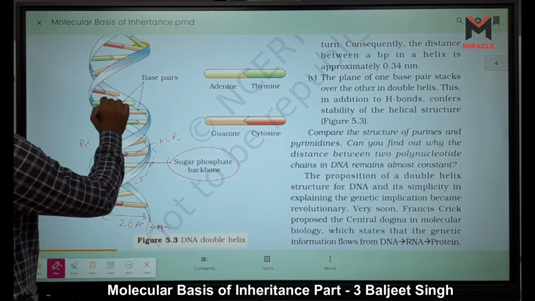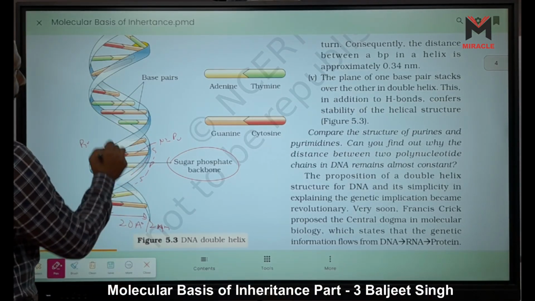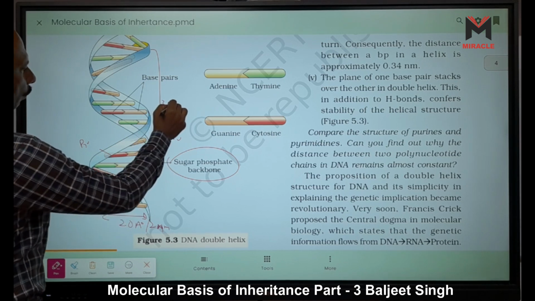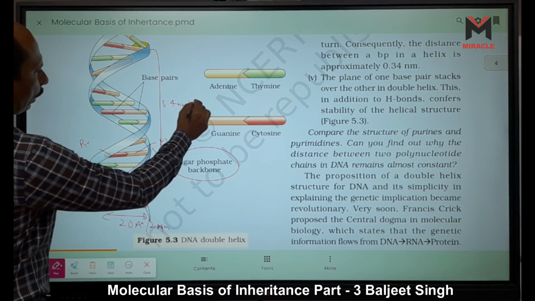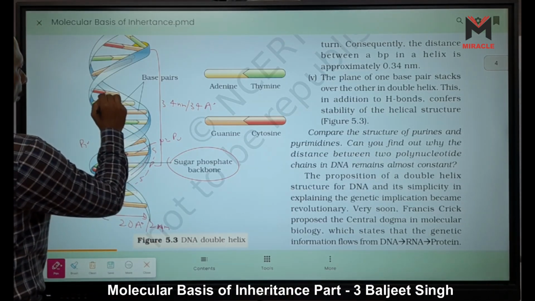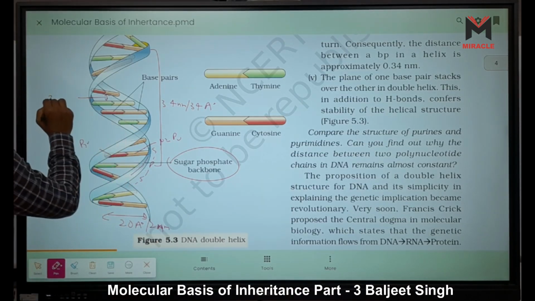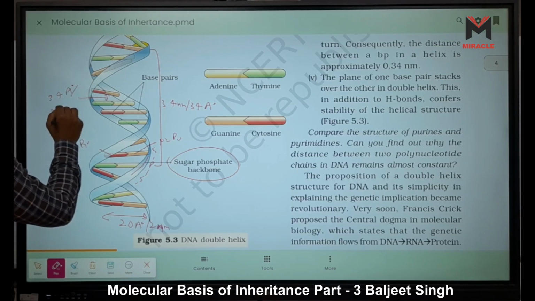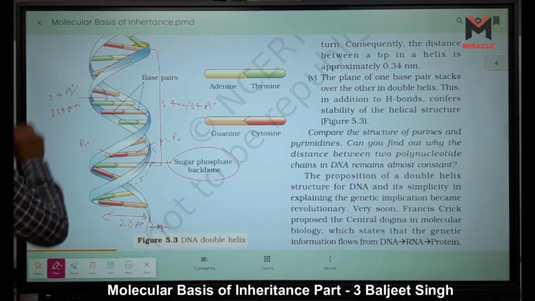And one turn is 1, 2, 3, 4, 5, 6, 7, 8, 9, 10, from this side to this side. This one is 3.4 nanometer, or we can say 34 angstrom, right? The distance between these two is 3.4 angstrom, or we can say 0.34 nanometer.